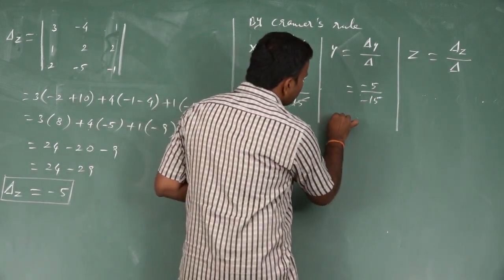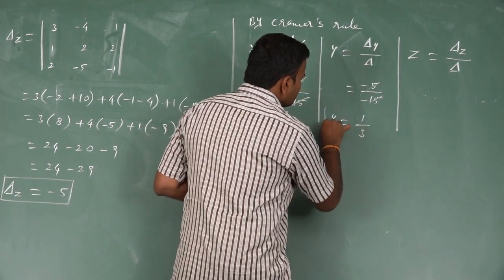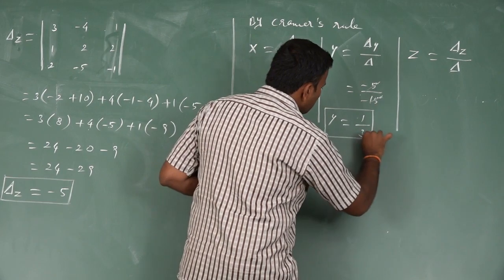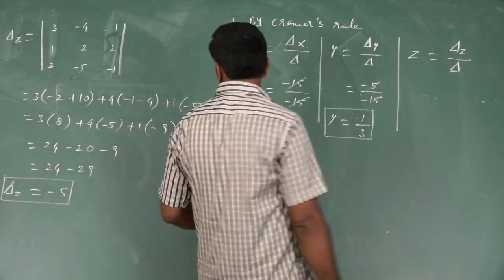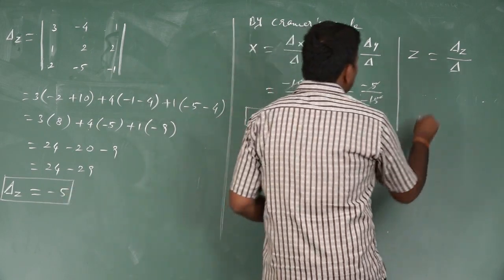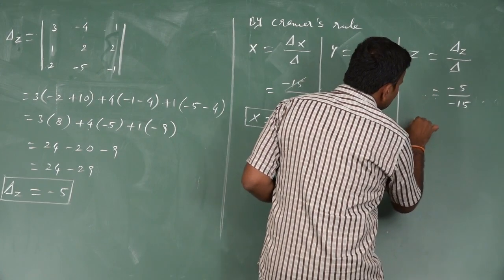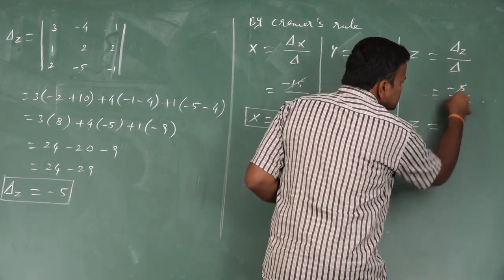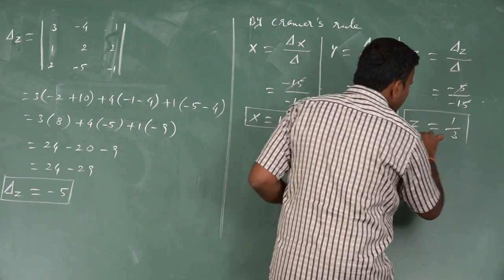What is the value of capital Y? Minus by minus is plus. 5 by 15 is 1 by 3. Next, Z. Del Z by del. The value of del Z is also minus 5 by minus 15. So the value of capital Z is also 1 by 3.